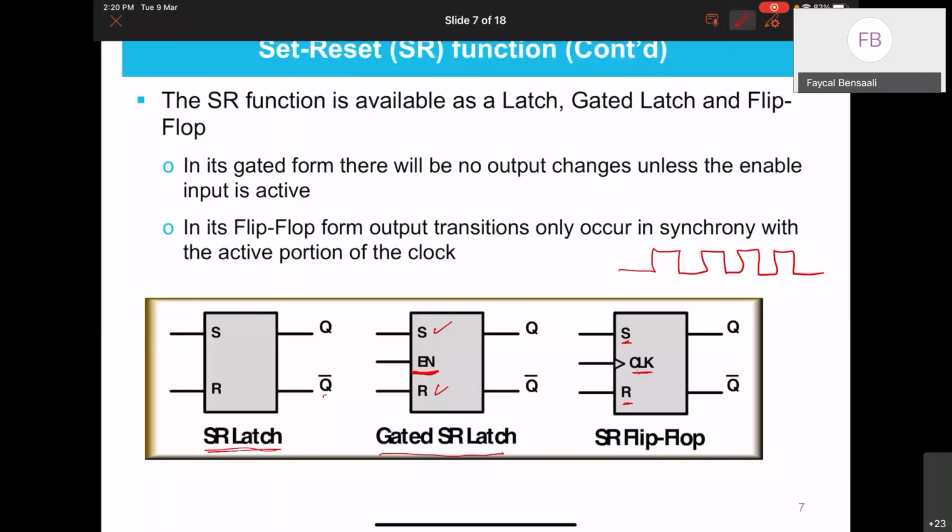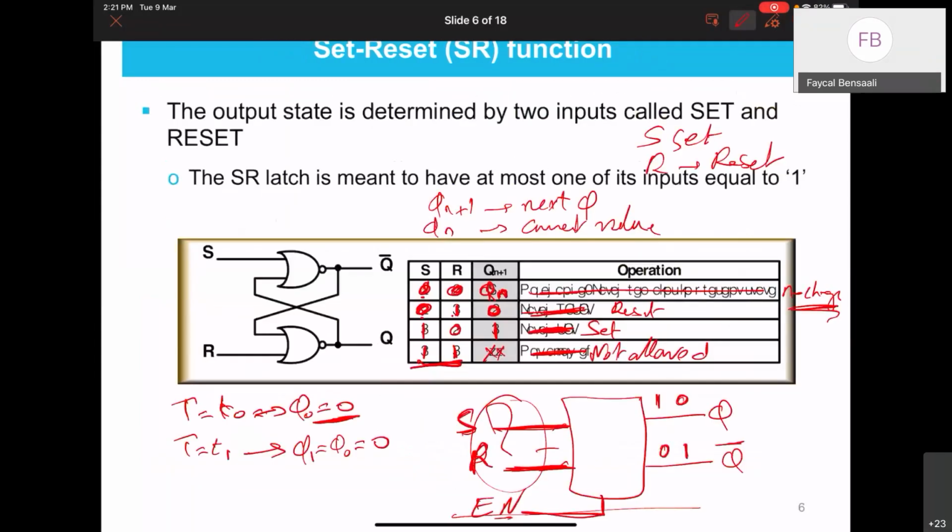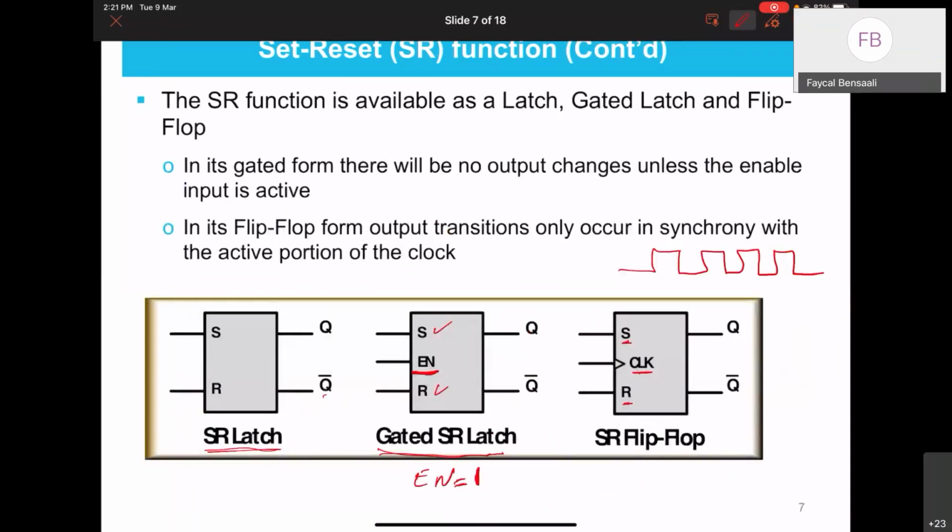Now, how does it work for the gated latch? The SR function, you know it. If for the gated latch enable is equal to 1, then it works as I was explaining here. Whenever we put values on S and R, things will change. Is this clear?